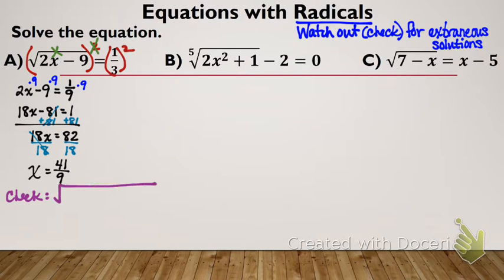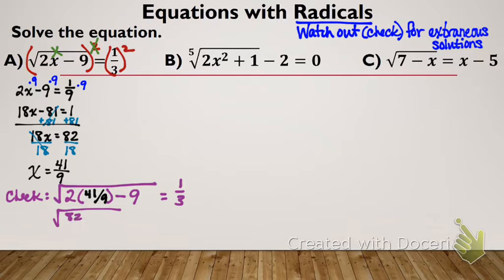So I have the square root of 2 times 41 over 9, minus 9. This should come out to give me 1/3 if we've done it correctly. 2 times 41 over 9, what would that be? 82 over 9.